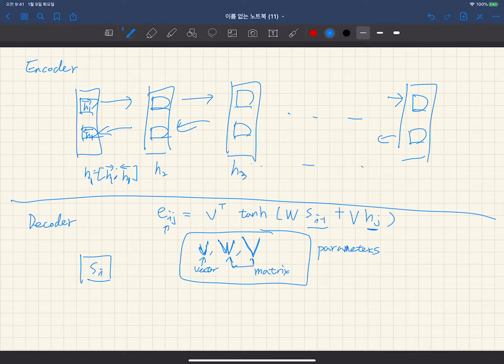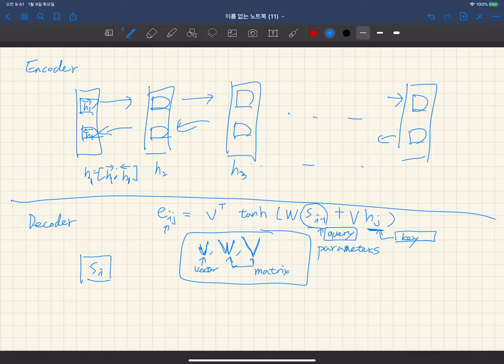Essentially the previous time slot's hidden state vector is a kind of query information, and Hj is the key information at position j.